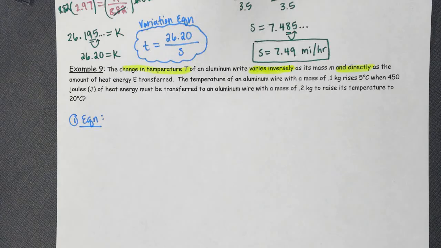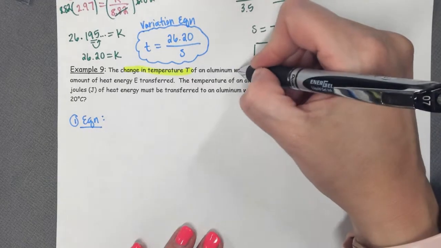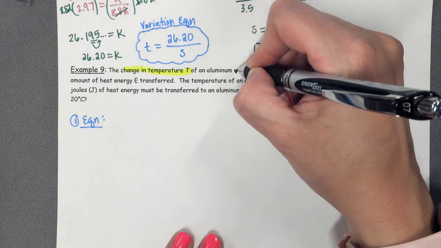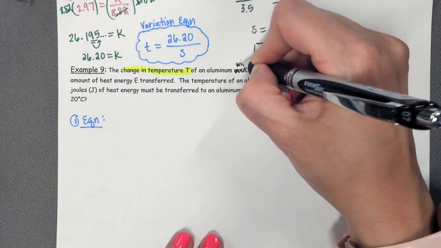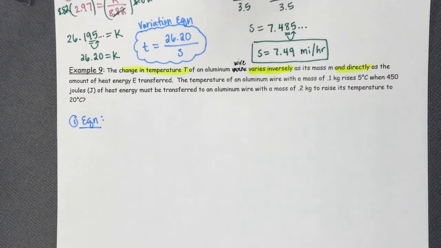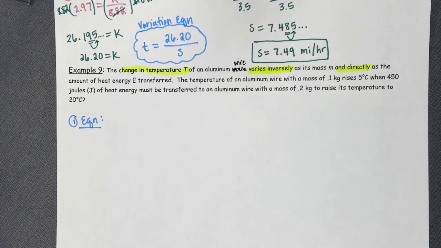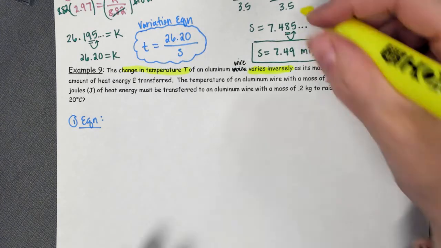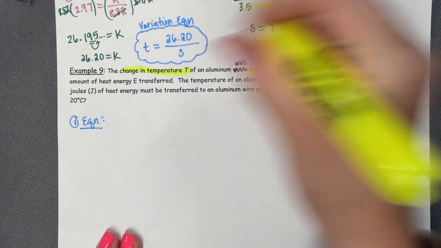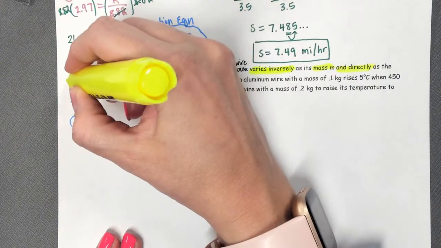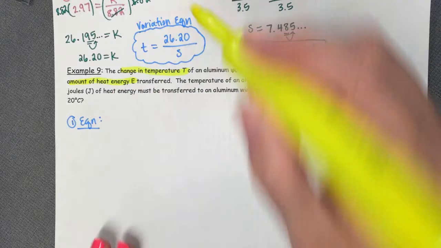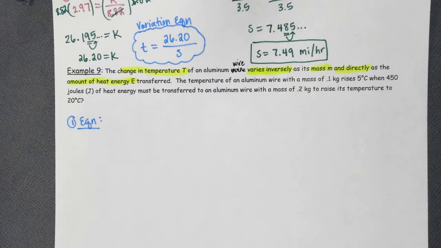Sorry, I apologize in advance because this is missing some things, and this should say wire, not an aluminum. So the change in temperature T of an aluminum wire varies inversely as its mass M and directly as the amount of heat energy E that is transferred.